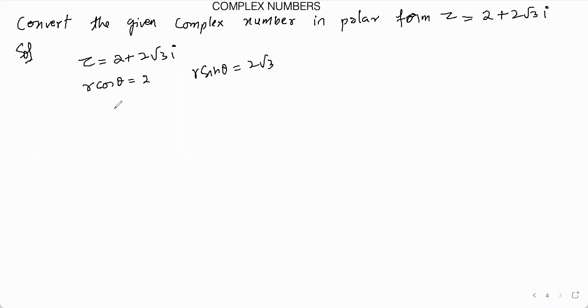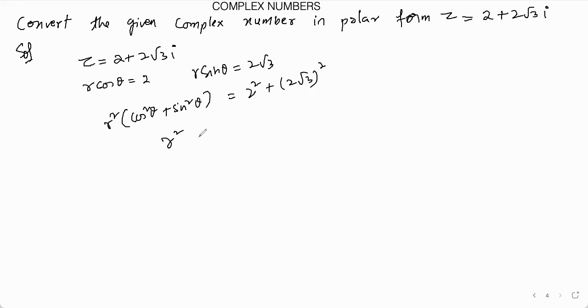Now squaring and adding, so you get r square (cos square theta plus sin square theta), which is 2 square plus 2 root 3 whole square. So further this will be r square, and cos square theta plus sin square theta is 1.